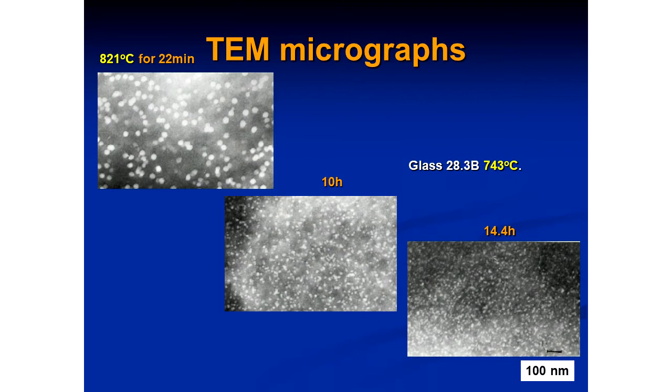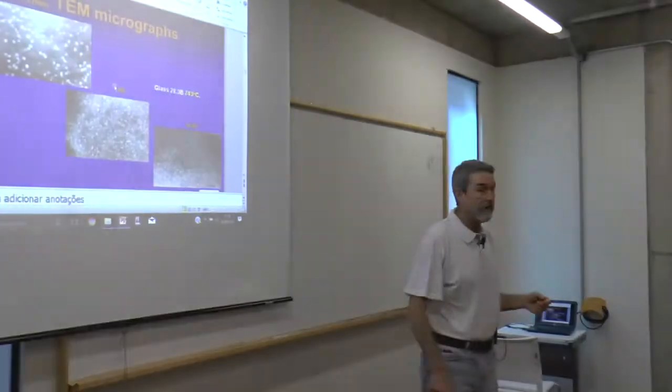So some of these glasses may have liquid-liquid phase separation, and you never know until you do some real careful study by transmission or scanning electron microscopy or small angle X-ray scattering.